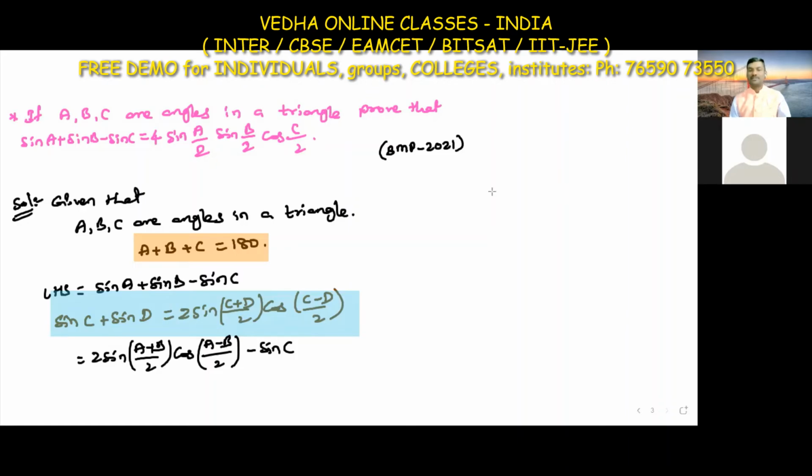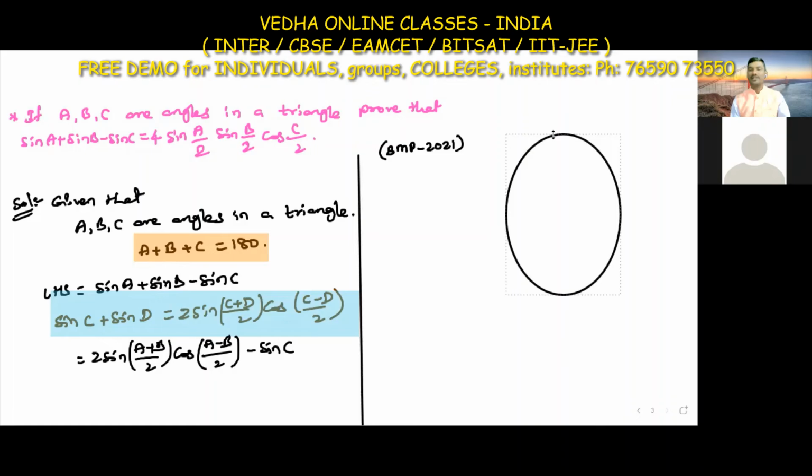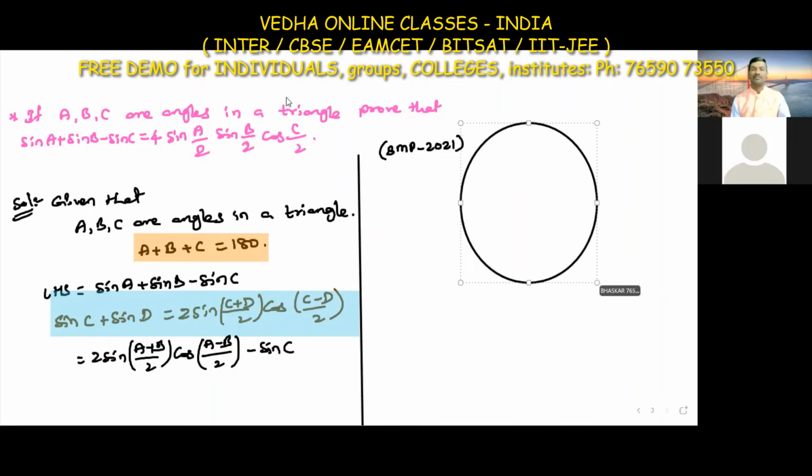What is given? A, B, C are angles in a triangle. So we can take A plus B plus C is equal to 180 degrees.